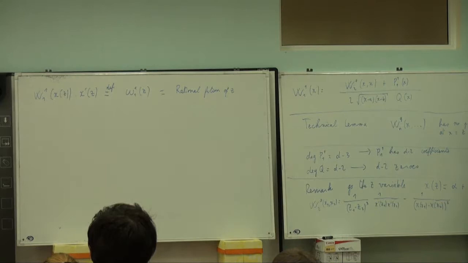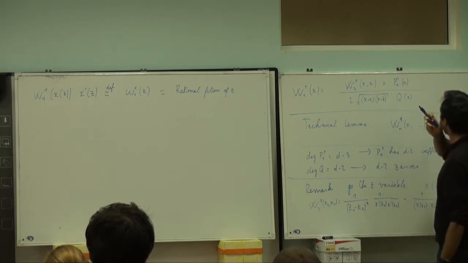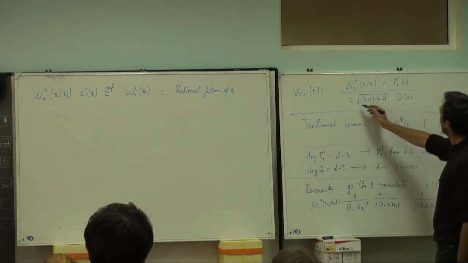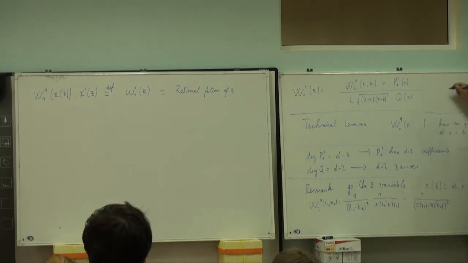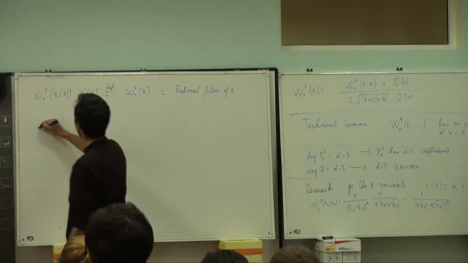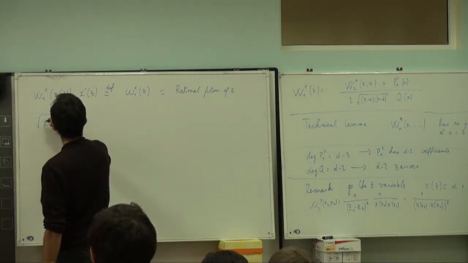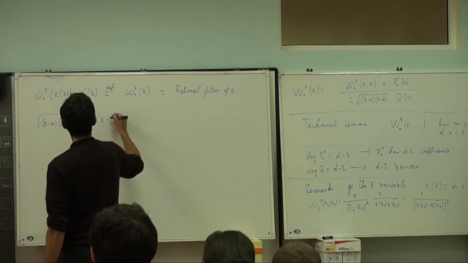And we can even see where the poles are. In this expression, this has a pole. I remind you that square root of x minus a, x minus b, it's easy to compute. It's gamma z minus 1 over z.